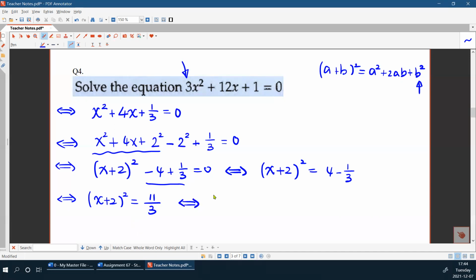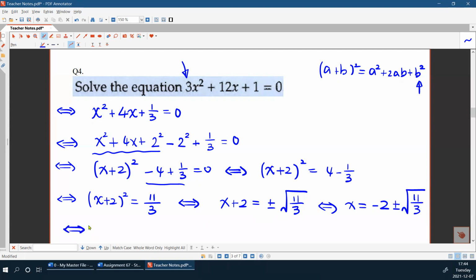And x plus 2 now must be positive or negative square root of 11/3, right? These are the solutions of the original equation. So this means x is minus 2 positive or negative square root of 11/3.